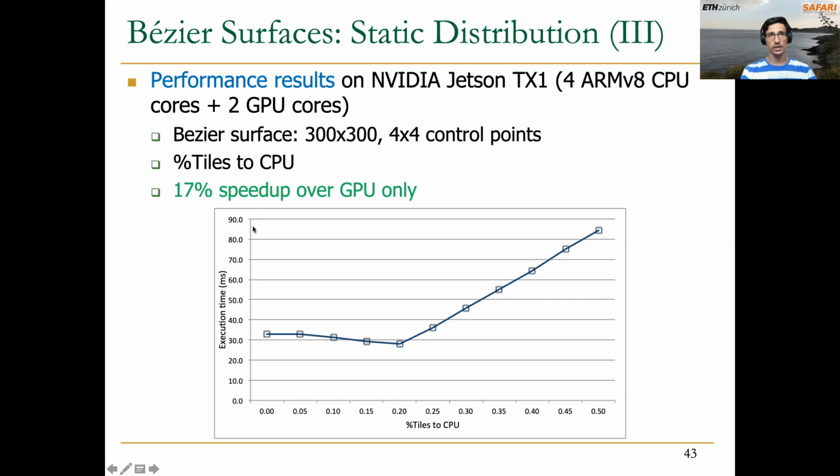And here in these execution time results, on the x-axis, you can see the alpha, the percentage of tiles that are assigned to the CPU. And as you can see, we can obtain a certain performance improvement from this collaboration between CPU and GPU, a 17% speedup over the GPU-only version in the best case.